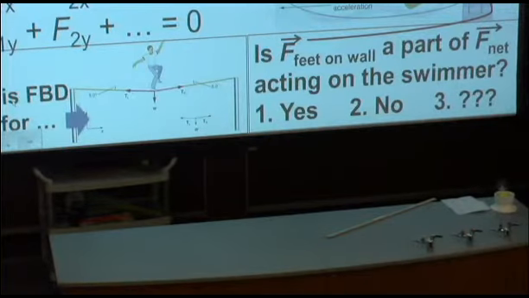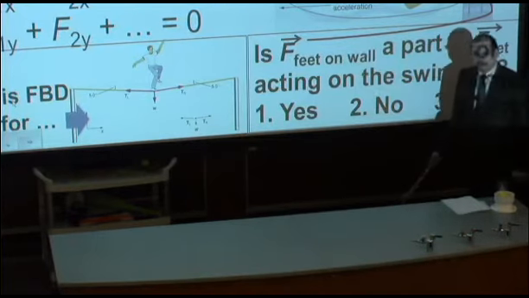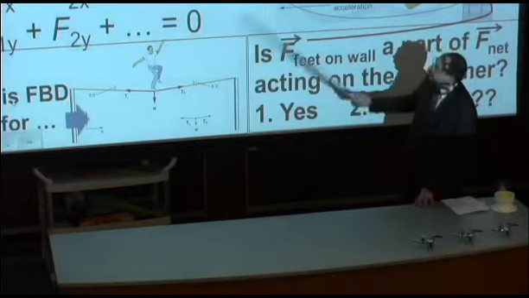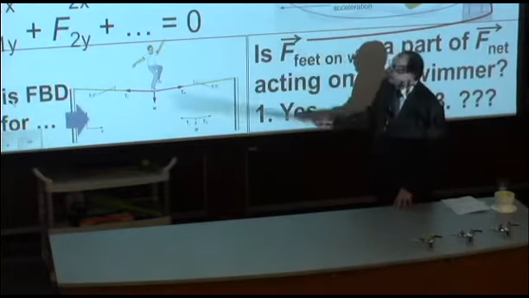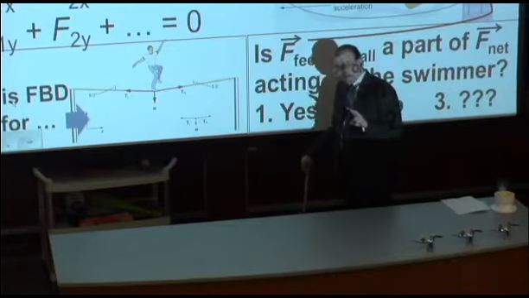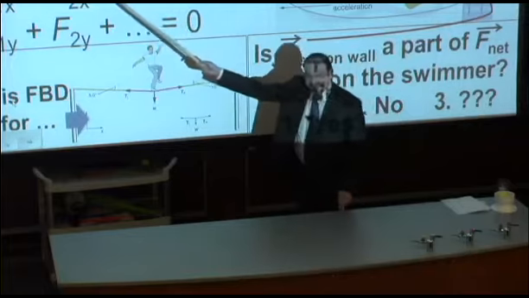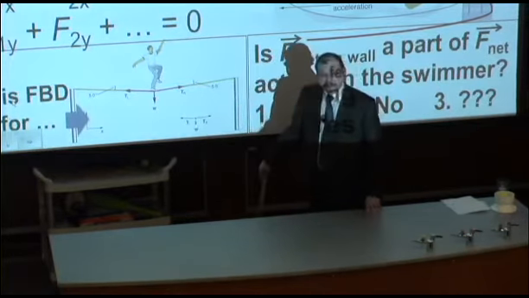Now, in general, we have only two separate cases. Number one: two conditions should be fulfilled. The net force acting on an object is zero, and the object is at rest.